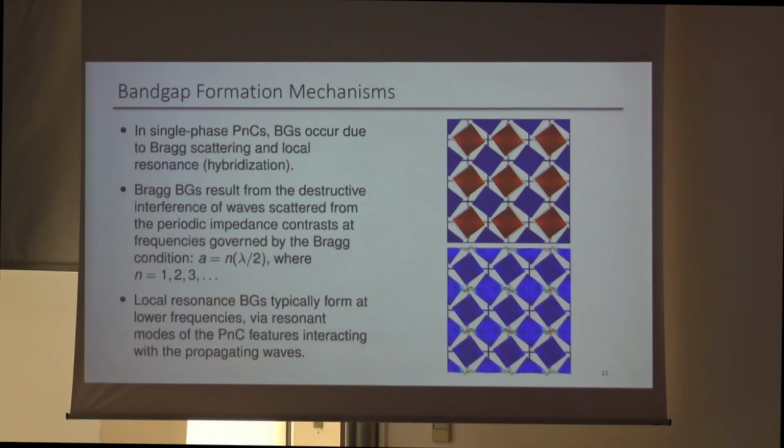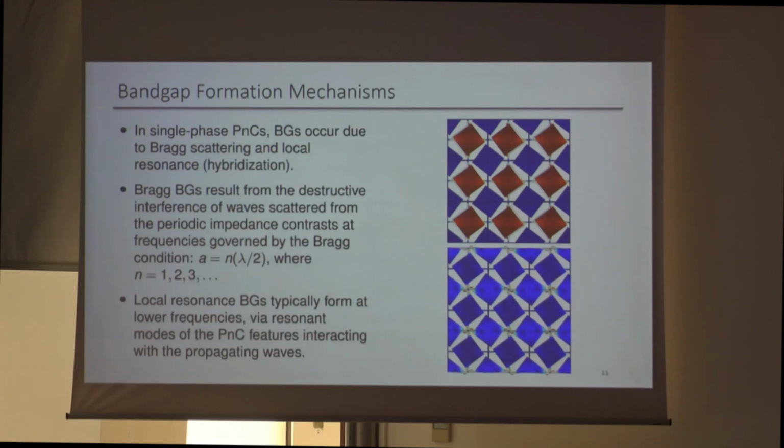By looking into the real spectra for imaginary wave vectors, we discovered that in single-phase phononic crystals, bandgaps occur due to Bragg scattering and local resonance effects. The Bragg scattering results from destructive interference on the periodic impedance contrast, governed by the Bragg condition.